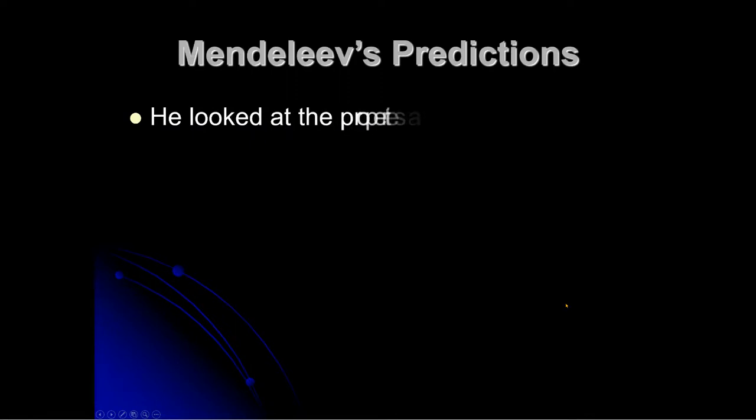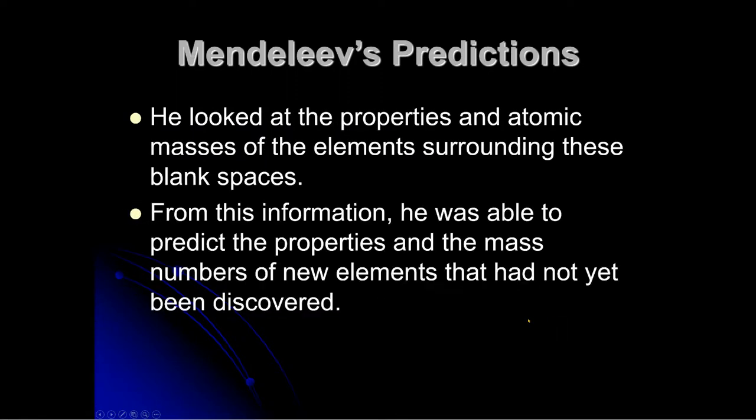Now, in these blank spots on his periodic table, he could kind of guesstimate what was going to go in those blank spots. He looked at the properties and atomic masses of the elements surrounding the blank spaces, and from this information, he was able to predict the properties and the mass numbers of the new elements that had not yet been discovered.